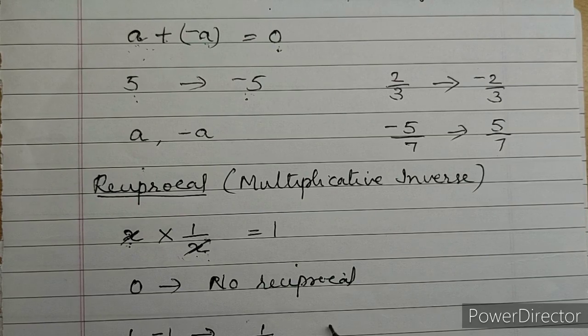Minus 1, that is 1 by minus 1, which is the same as minus 1 by 1 or minus 1 only. So 1 and minus 1 are two numbers whose reciprocals are the same. So 0 doesn't have any reciprocal, and 1 and minus 1 are the numbers which have the same reciprocals.